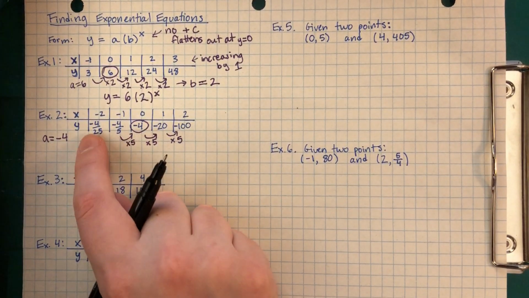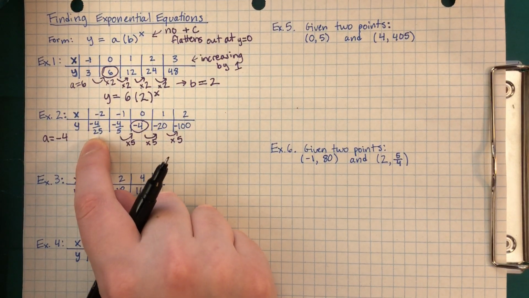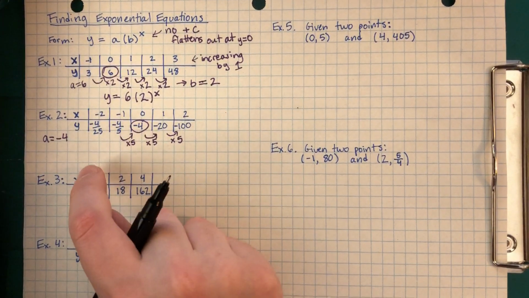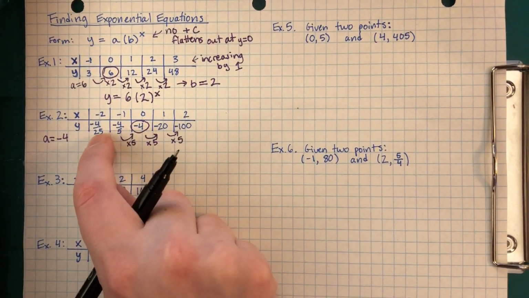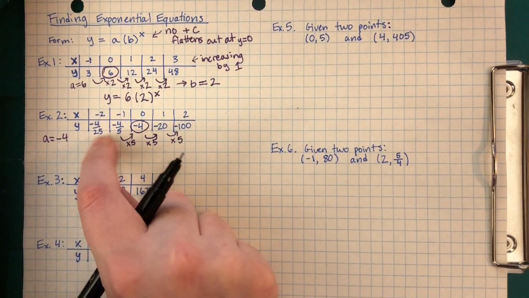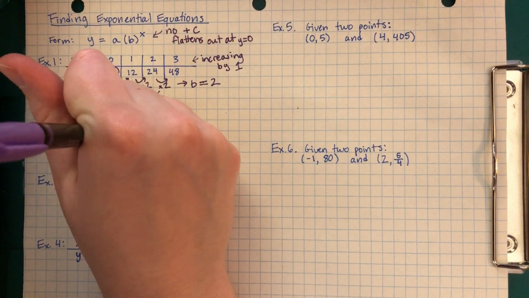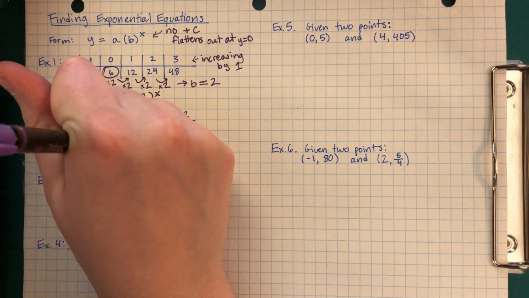Same thing here. If I multiplied this fraction by 5, 25 on the bottom, and then I'm multiplying by 5, I could take this 25 and turn it into 5 times 5, and then some of those 5s would cancel. So I could get from here to here.